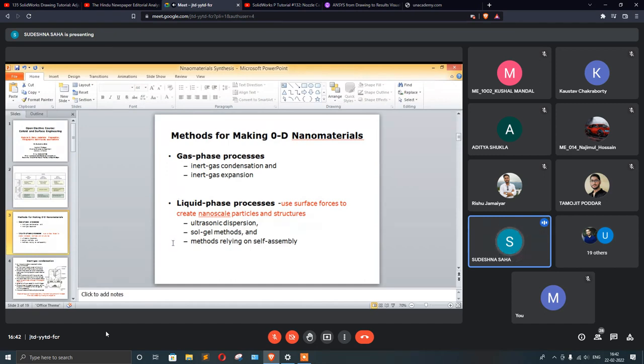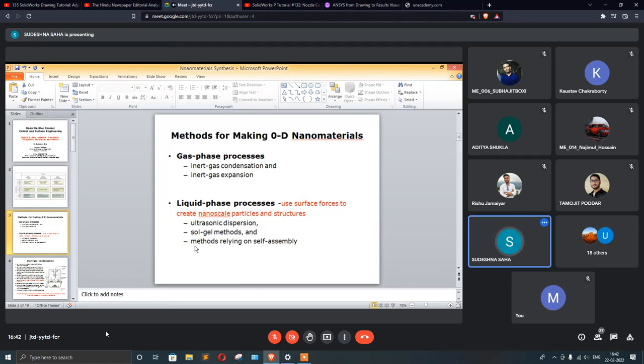Whereas liquid phase processes, which can also be termed as colloidal processes, use the surface forces to create nanoscale particles and structures. And there you can either use ultrasonic dispersion, sol gel methods, methods relying on self-assembly. All these things we can talk about.